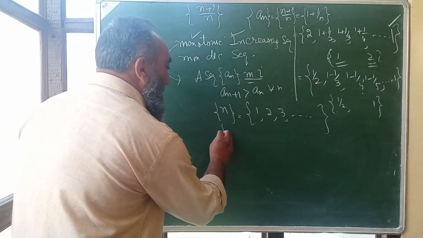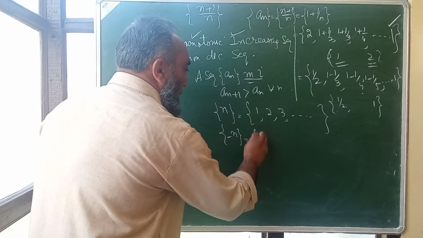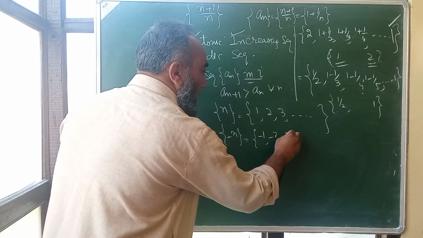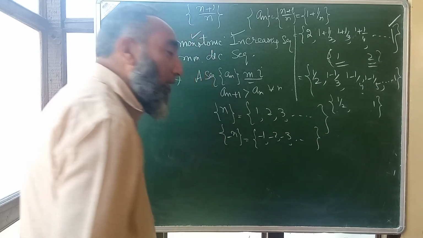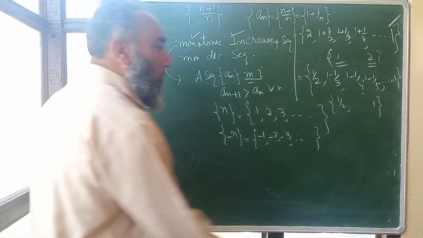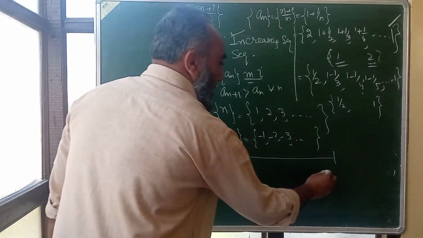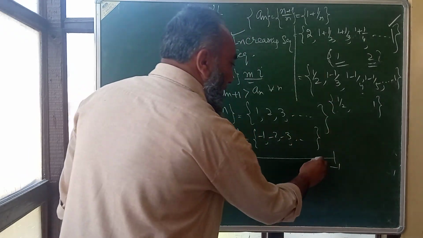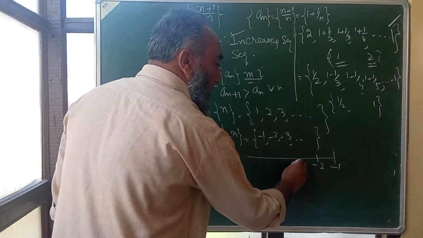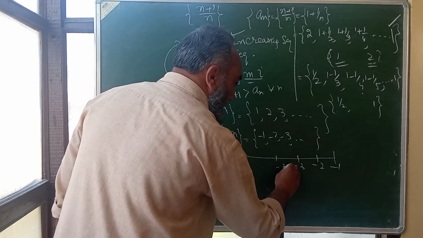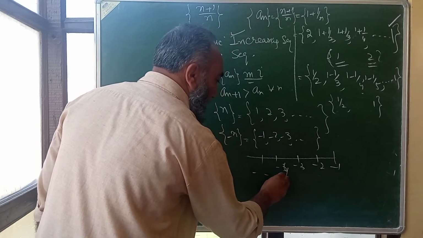What about minus n? It is minus 1, minus 2, minus 3, and so on. This is a monotonic decreasing sequence. Why? Because minus 1 is the biggest, minus 2 is smaller, then minus 3, minus 4, and so on.